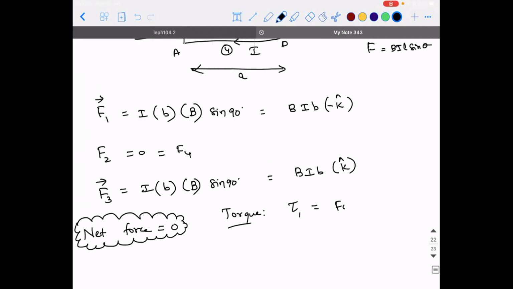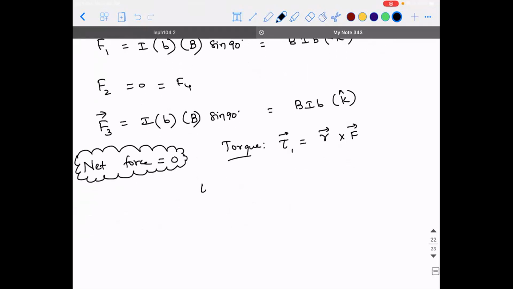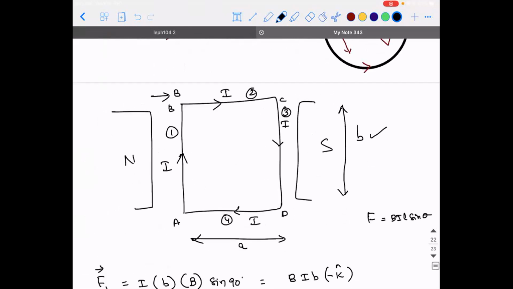That is force into, okay, I'll make it like this. So what is the vector formula for torque, guys? R vector cross F vector. So what is the value of R? This whole coil is going to revolve about its center of mass, about an axis passing through the center of mass.